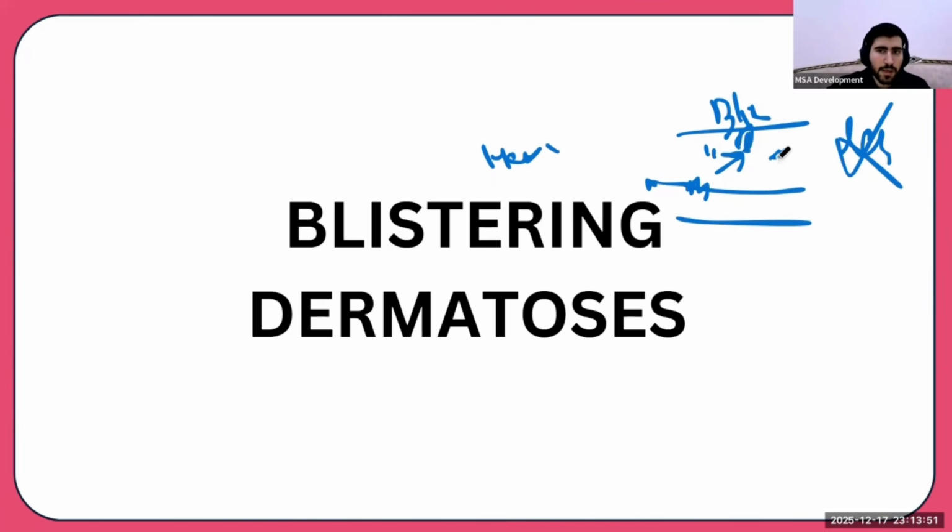If I damage in between, I will only have two layers, and this blister will be very weak. If I touch it, it will be destroyed, and that's called Nikolsky sign positive. Nikolsky sign positive means that if you touch a blister and it pops, that's Nikolsky sign positive.